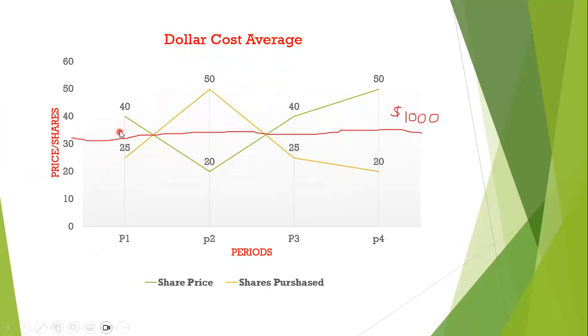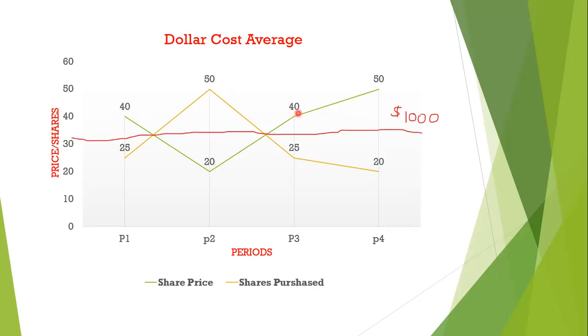If you look here, the green one represents the share price, and the yellow one represents the number of shares you purchase. When the share price is 40, you're only buying 25 shares. But when the price goes down to 20, you're buying more shares, which is 50 shares.